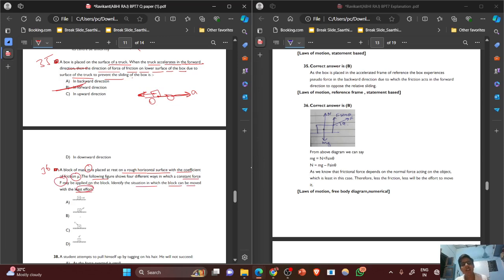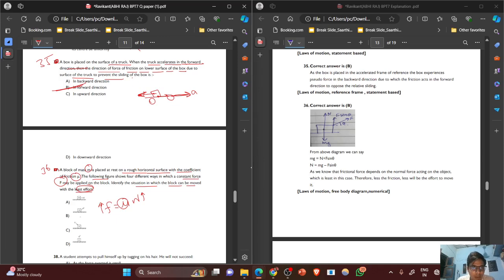It is asking for least effort, meaning the minimum amount of external force required to move this block, in this way, this way, this way, or this way. Friction will be mu into N. Mu is fixed for all the surfaces. If N is greater, friction will be greater, and if friction is greater, it is more tough. So find the option in which the friction will be least.